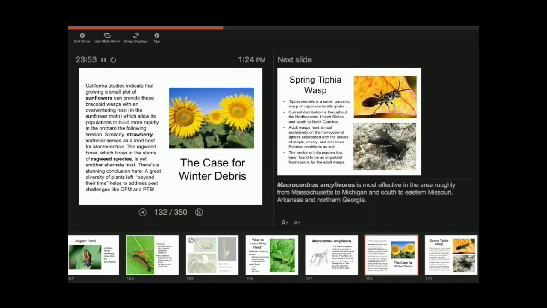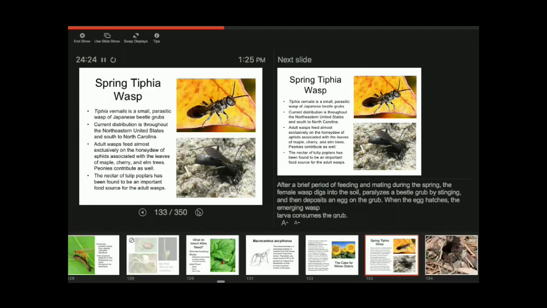And then, if you're able to overcome any vestiges of having German heritage, and you feel compelled to totally clean everything up in the yard, and you let the sunflower stalks stand through the winter, that's where Macrocentrus will survive and come back the next spring to get strawberry leaf rollers. I have German heritage, so I can say that. So there's this, through diversity, this building of those fundamental resources that allow beneficials to increase.